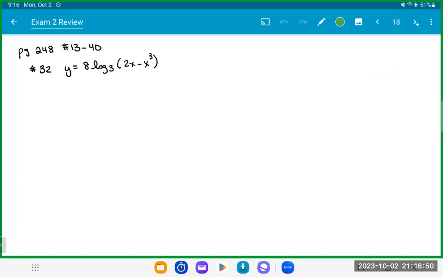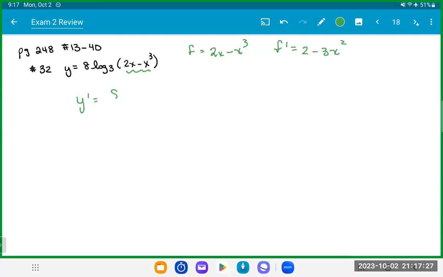All right, so the last problem that we have here, this is applying that theorem number 13 that we did tonight. So first we have our f function is 2x minus x cubed, right? That's my f function. My f prime then would be 2 minus 3x squared. Okay, so my derivative is going to be 8, that 8 stays, times my f prime over f, right?